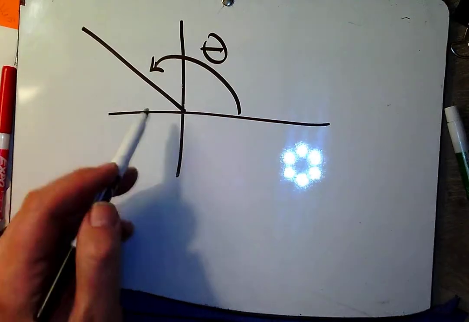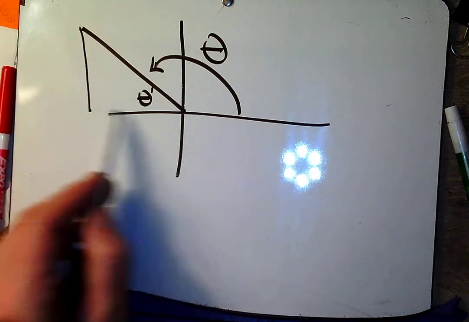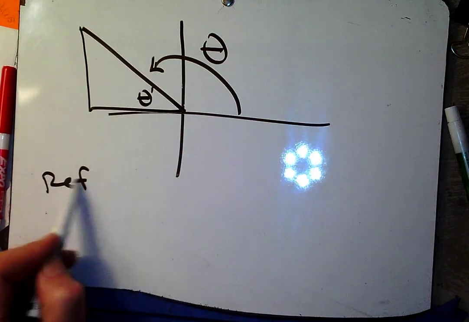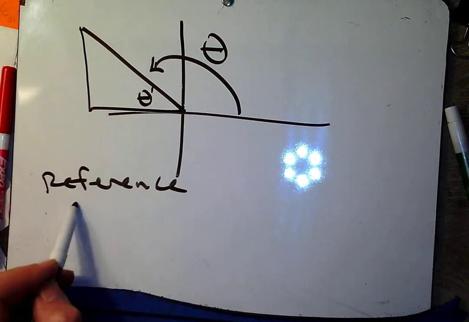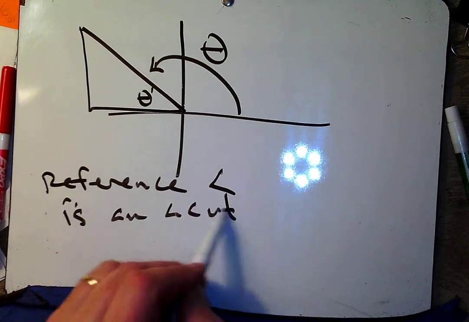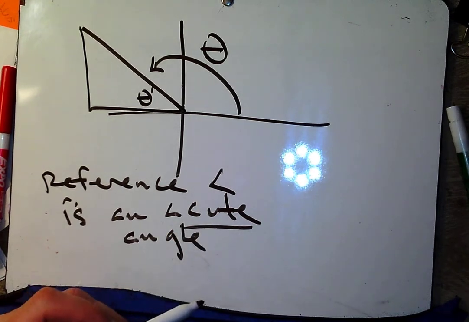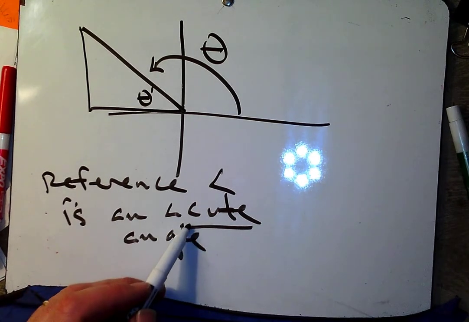This is my theta, but I'm using this one, theta prime. A reference angle is an acute angle. Smaller than pi over 2 or smaller than 90 degrees.